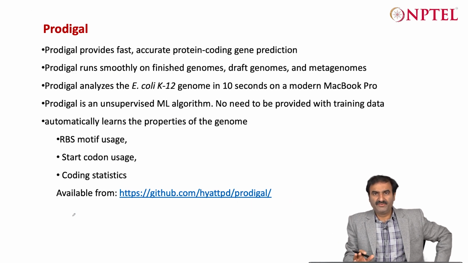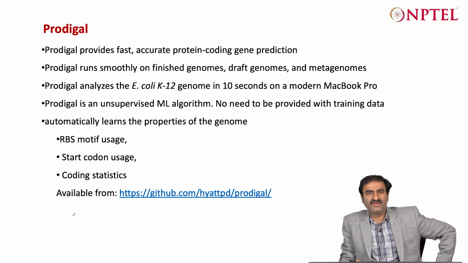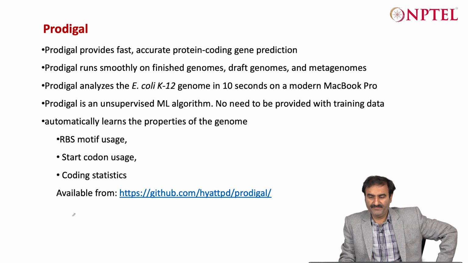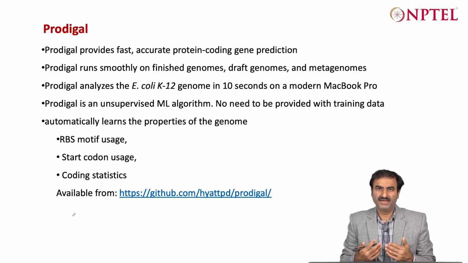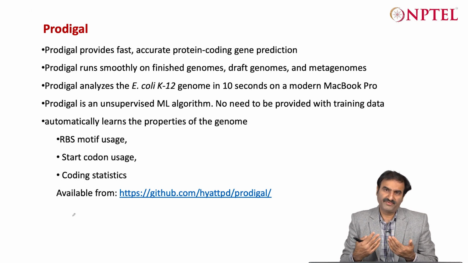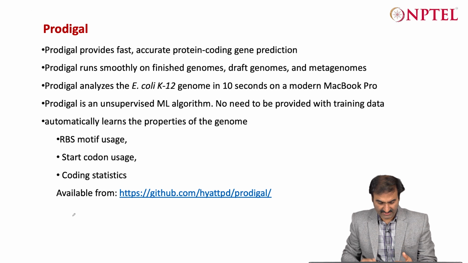Another tool that is very commonly used recently is Prodigal, which is very fast, and in 10 minutes it can do several predictions, including the gene prediction for a genome. It uses an unsupervised machine learning algorithm. Basically it also uses the ribosomal binding site and codon statistics for its training.